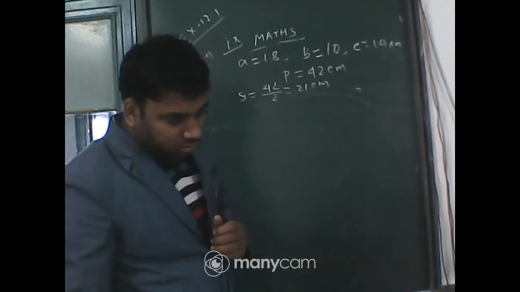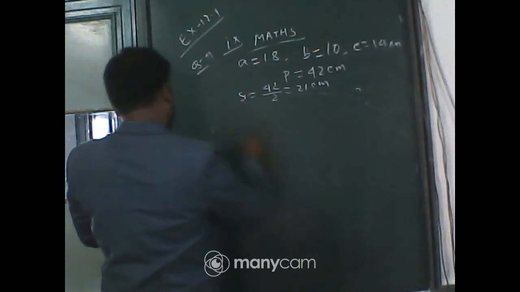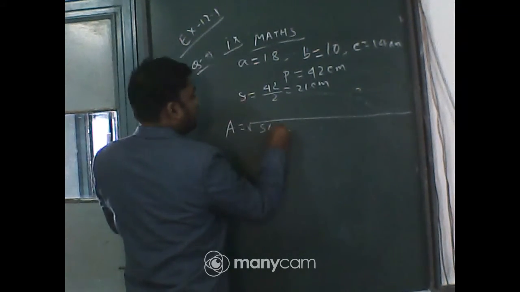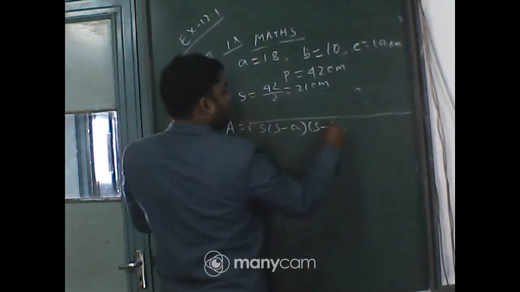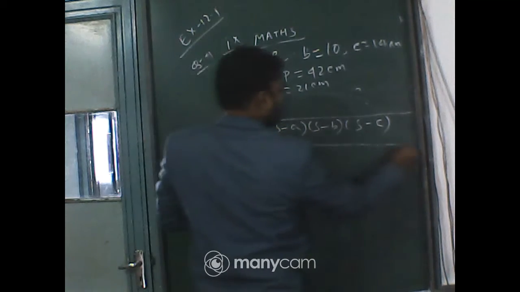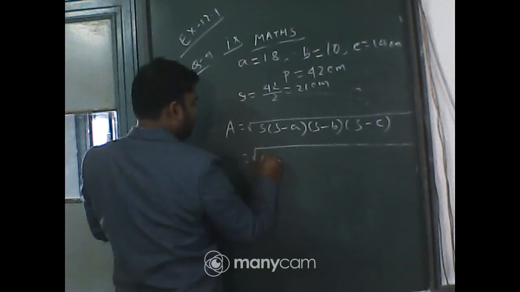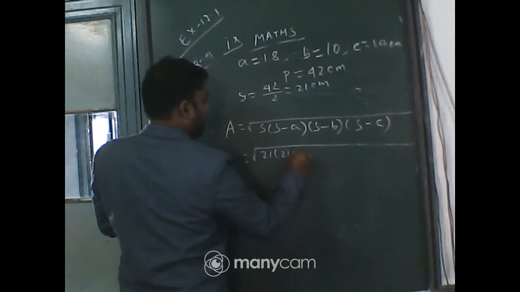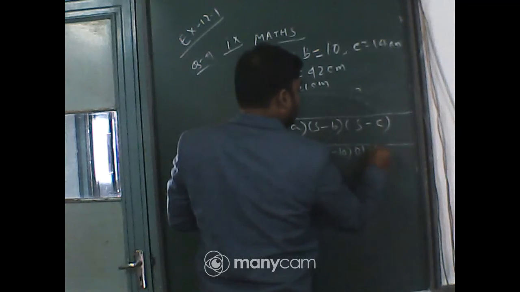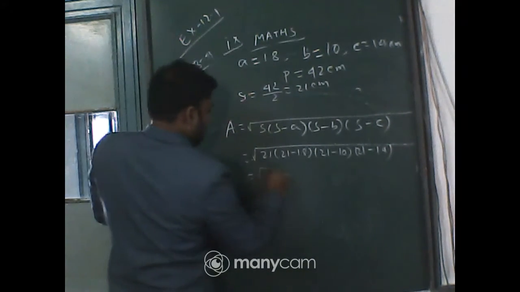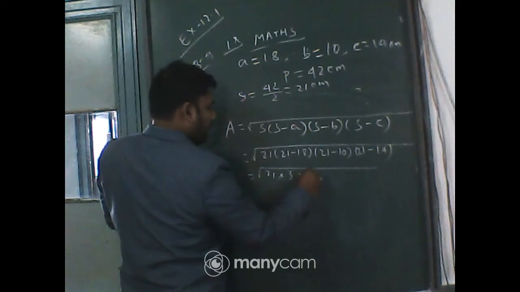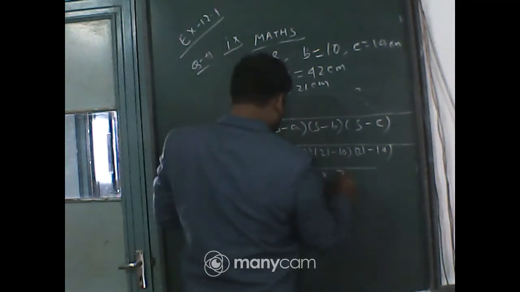Now the area equals root of S into S minus A, S minus B and S minus C. S means 21, 21 minus 18, 21 minus 10 and 21 minus 14. 21 minus 18 is 3, 11 into 7.